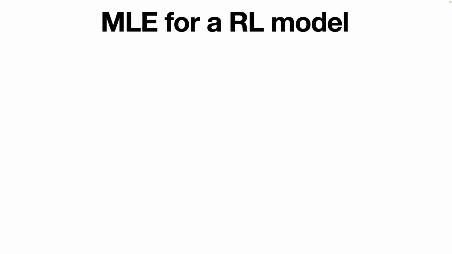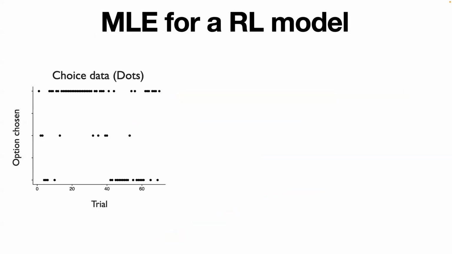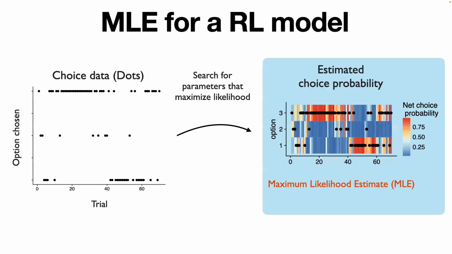Good. So let's think about how we can do this for a reinforcement learning model. Recall that Wataru told us that we only have access to the observable choices that the participant makes. In some situations we also have access to their payoffs, but here let's just say we only see their choices. Imagine a more complicated bandit task with 3 arms. These are their choices over time. From this, we search for parameters of a reinforcement learning model that give us the maximum likelihood, the best fits.